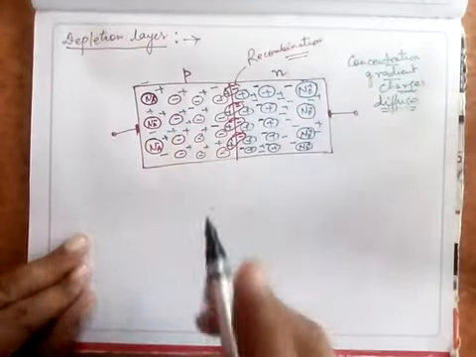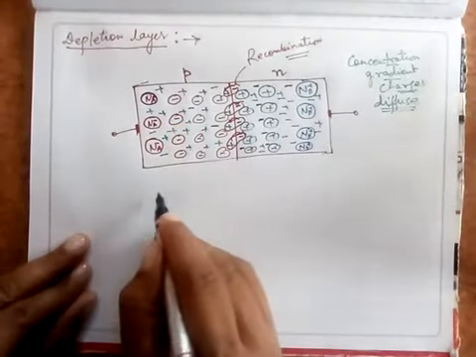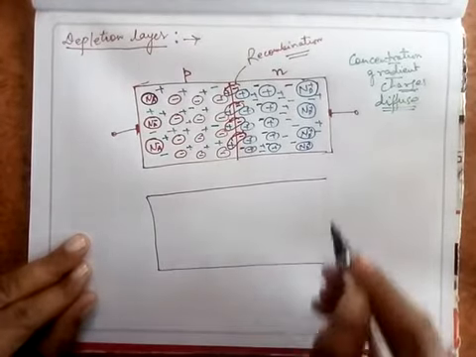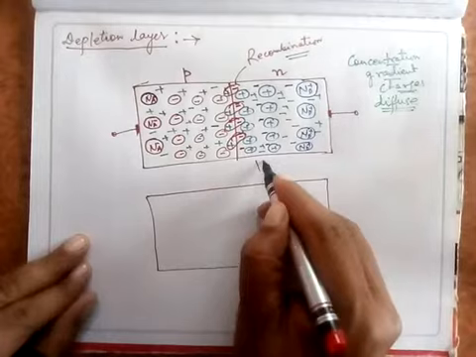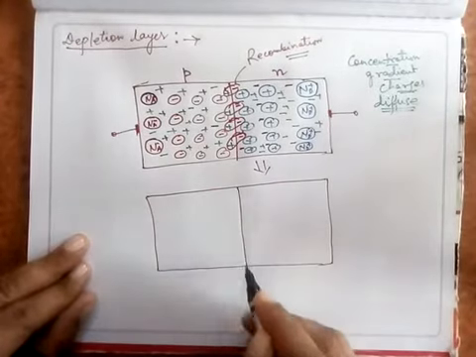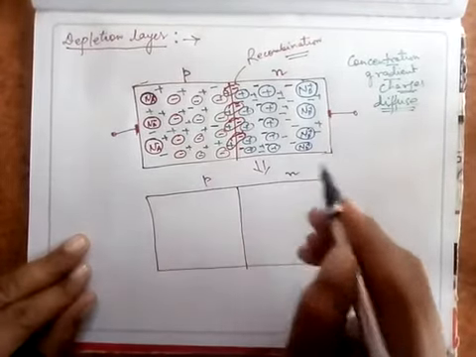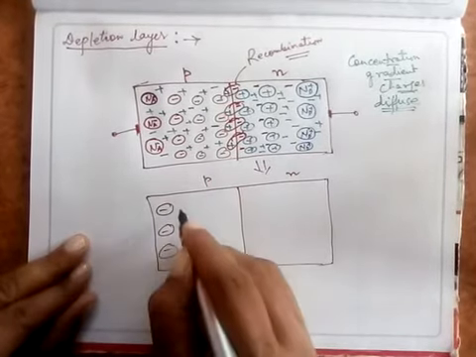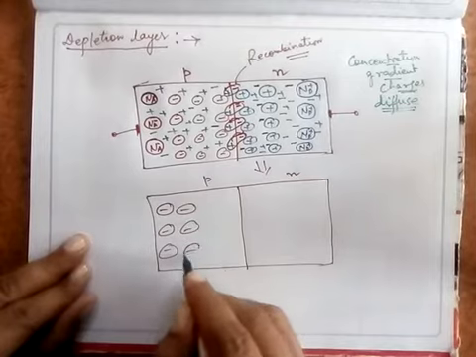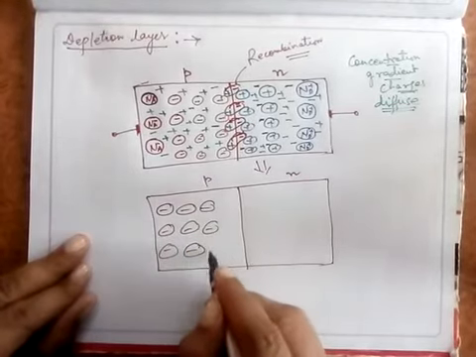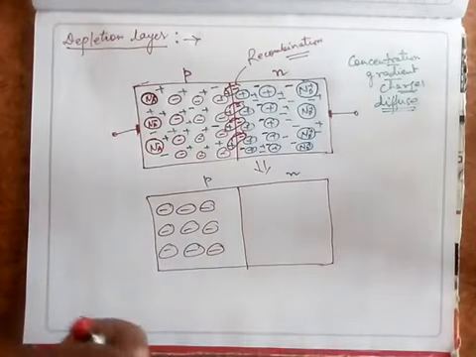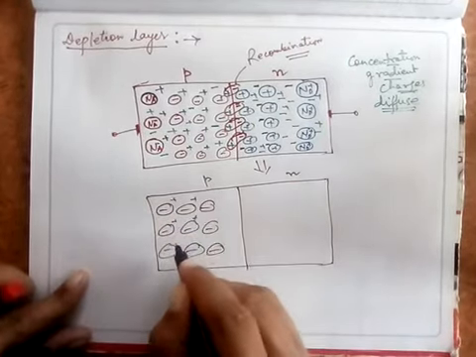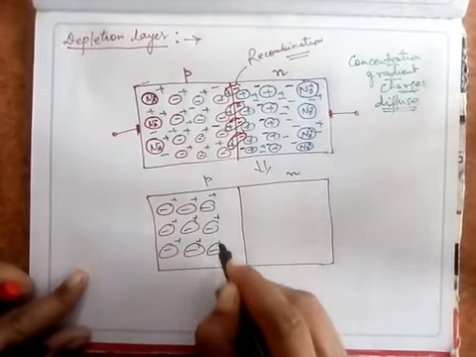Now look at this: this is your PN junction, this is the P side and this is the N side. On this side you have negative acceptor ions, along with the positive holes here.